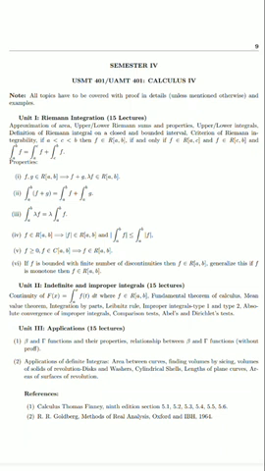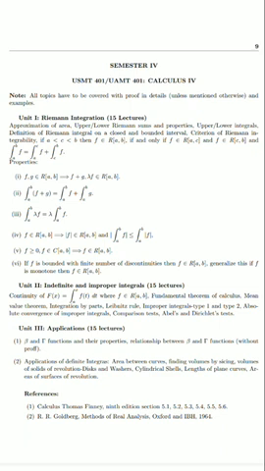If f is bounded with finite number of discontinuities, then f is Riemann integrable on closed interval ab. Generalizing this, if f is monotone, then f is also Riemann integrable. So all these things are in unit number 1.